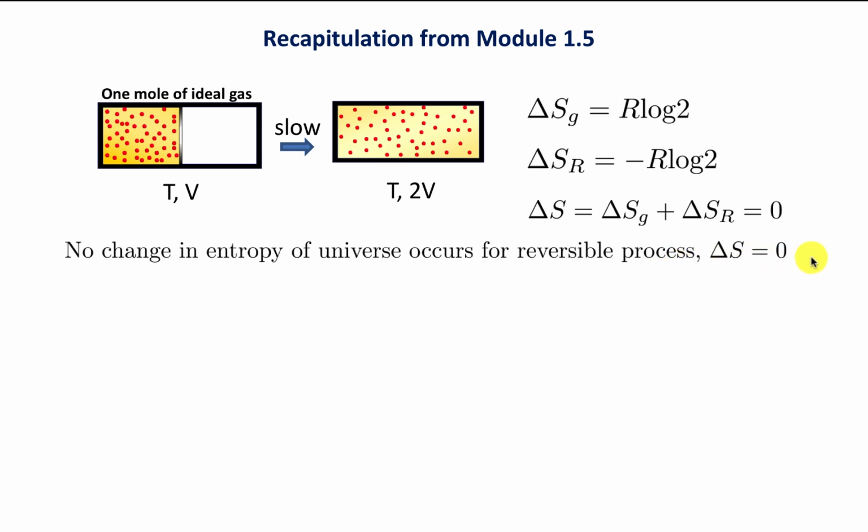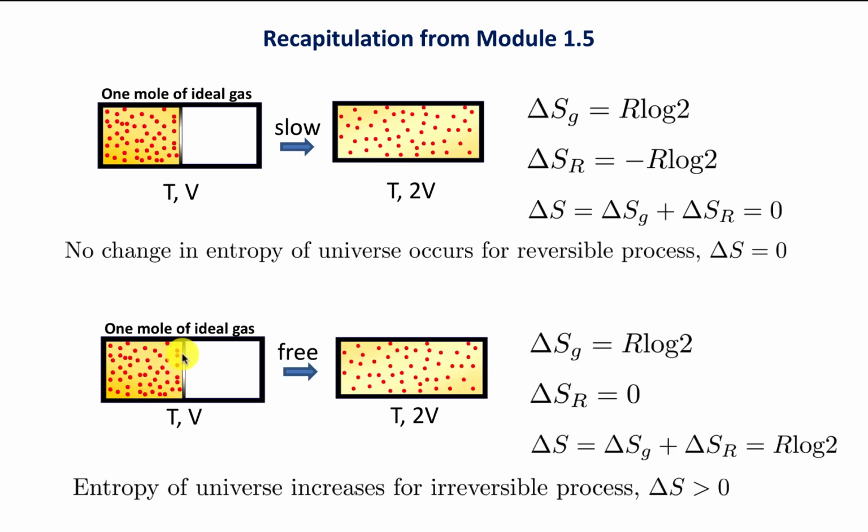Delta S is 0. But then we had also calculated in module 1.5 what happens when you suddenly remove this partition. The final state is the same, but because you remove this partition suddenly, no work was done by the gas as it expanded, and so no heat was taken in from the environment. In fact, no heat transfer occurs with the environment.